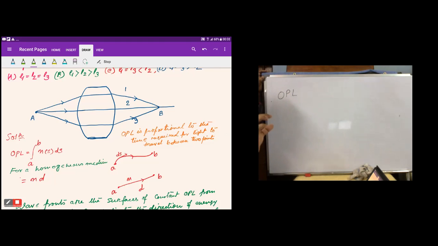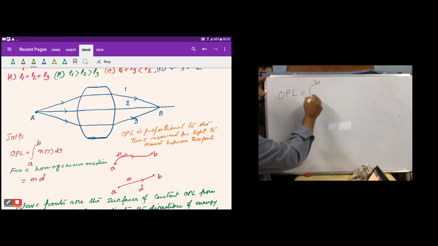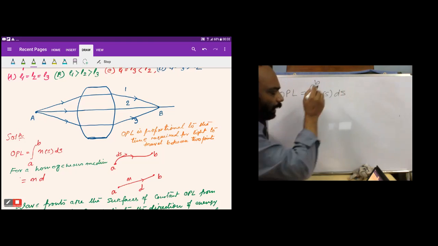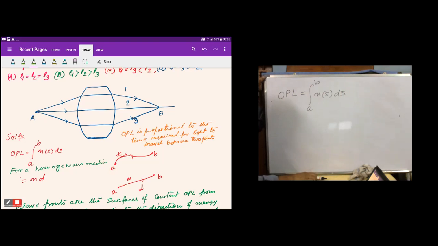That means a medium is inserted, or there is no medium. That means air is there. So in that case, our optical path length is nothing but going from point A to B, n(s) ds, where n is a function of the distance, and ds is the length element or line element.